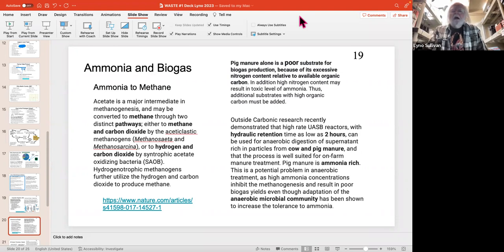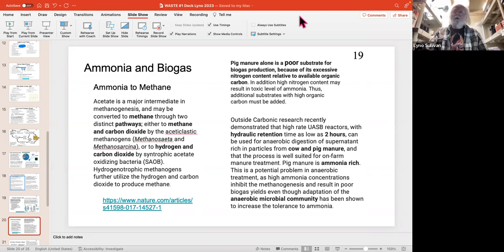So one of the things that goes on is reactors have a time that they need to spend for their process to work. And so I'll let you read that. This came out of an interesting study out of, I believe it was India, where they did a huge study of all of the chemistry of mixing cow and pig manure ratios, production ratios, all of that stuff, and found that the mixture was well suited.